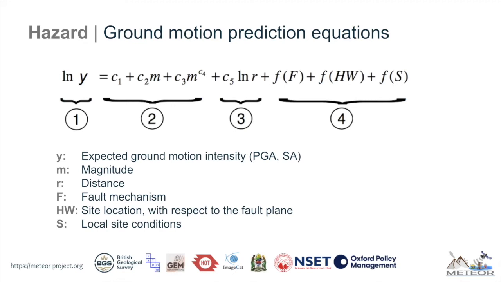GMPEs are derived for specific ground motion intensity parameters, for example, the peak ground acceleration or the spectral acceleration at a period of interest. Common parameters required of GMPEs include the earthquake magnitude, the source to site distance, the faulting style or mechanism, the site location relative to the fault plane, and the local site conditions.